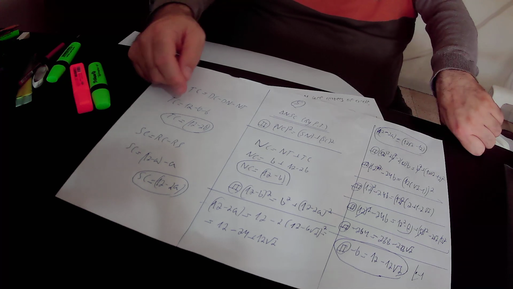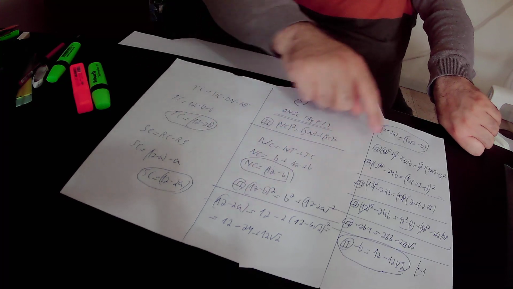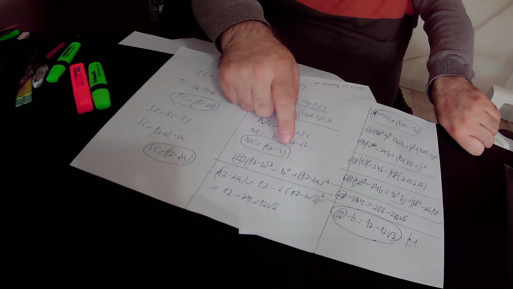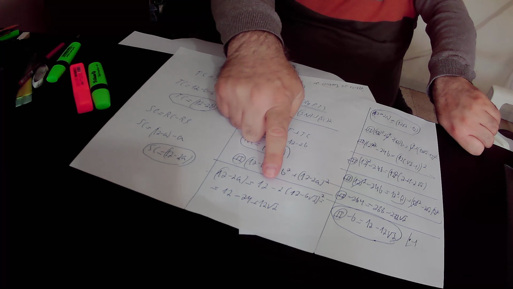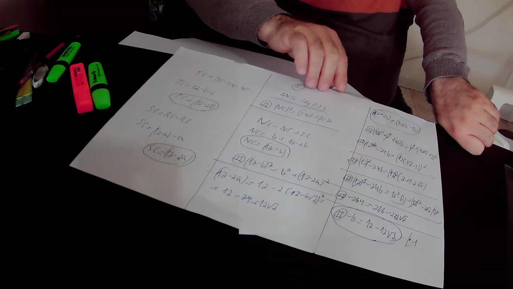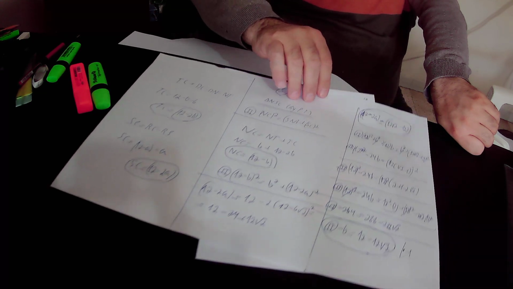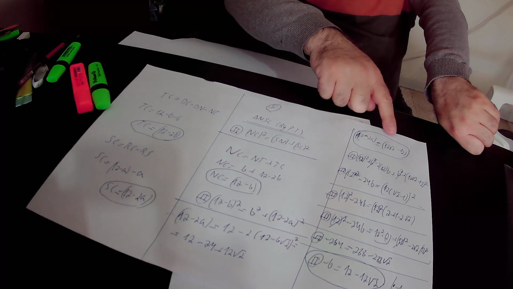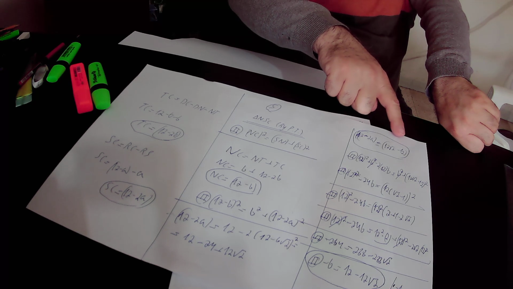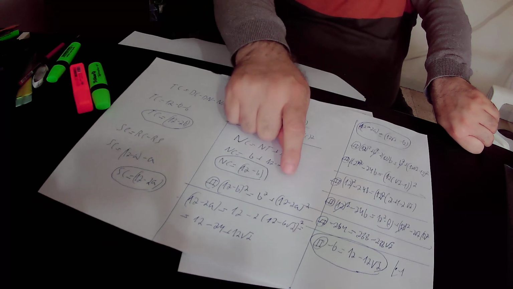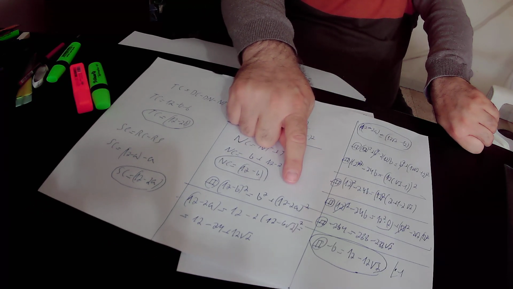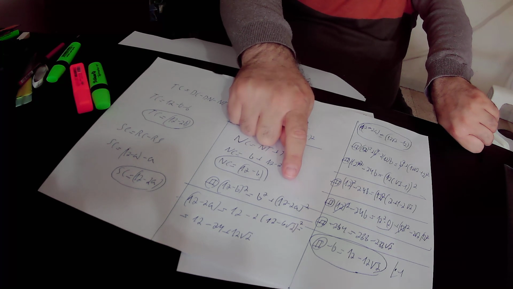Here 12 minus 24 is minus 12, and we also have 12 times square root of 2. So in conclusion, 12 minus 2A equals 12 times square root of 2 minus 12. So we can substitute 12 minus 2A by 12 times square root of 2 minus 12.